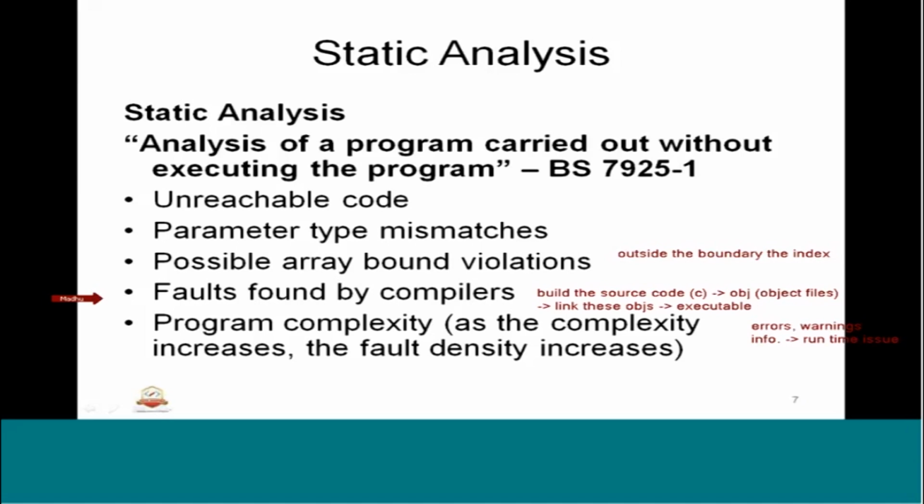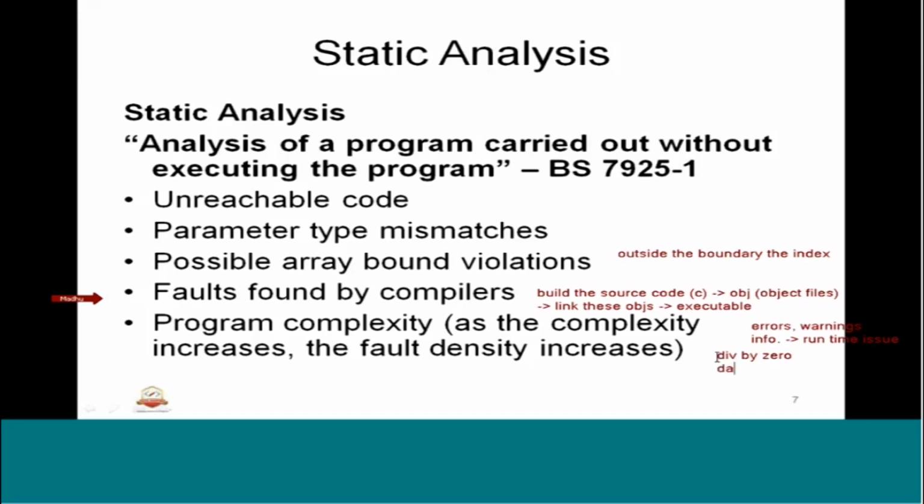These are some of the typical issues. Divide by 0, the compiler won't throw an error, but warnings could be there. Or if you set the errors to such a level that these are reported, then it will throw an error. But the possibility is that faults of such a nature are found by the compilers.